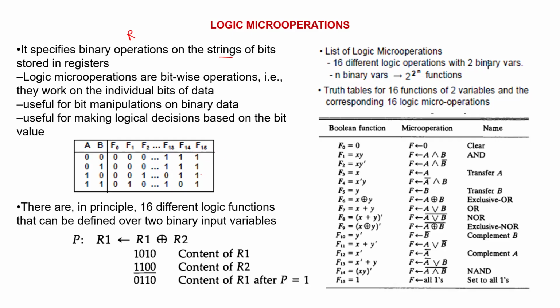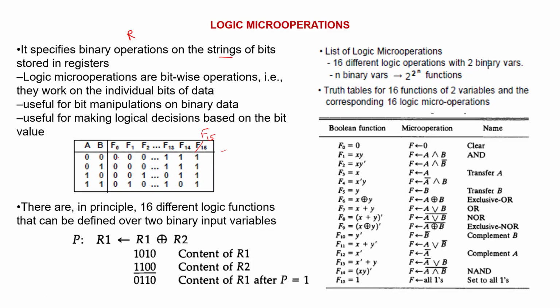This is just a small diagram here. Later we have a big table for this, where you can see all the different micro operations, from F0 to F15. This is looking like a 16, but this is F15. So total 16 micro operations are there, that we are going to see here.